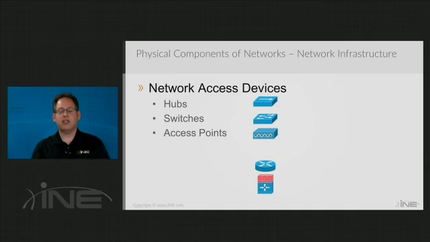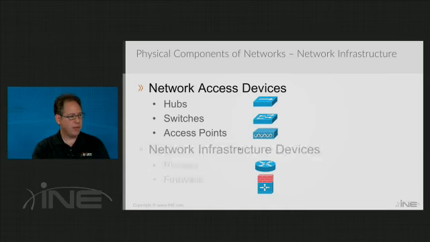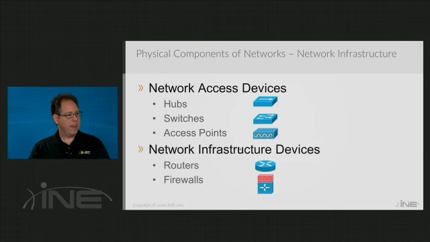So, as you can see, some common icons here. We have a hub, and I'll talk more about hubs in a little bit. We have switches. This is a common icon for a wireless or Wi-Fi access point. And then down here, we have routers and firewalls.